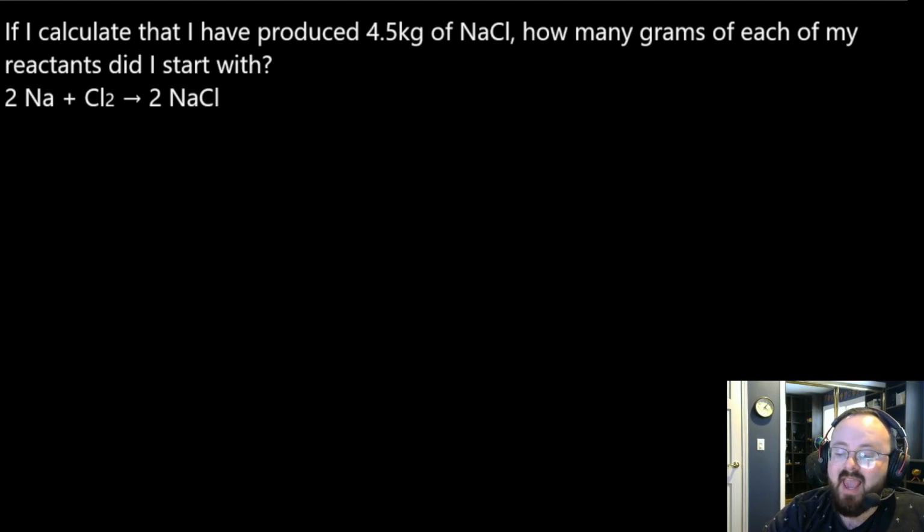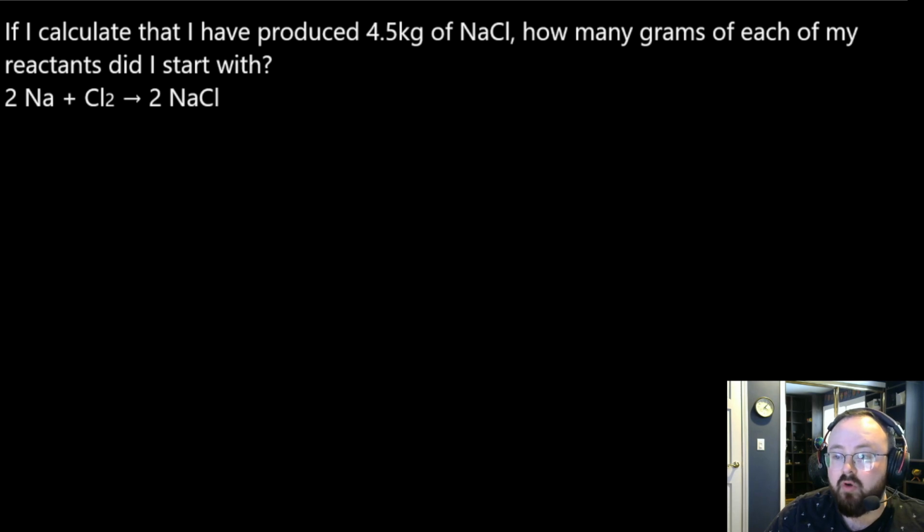And in a case like this, I'm asking you for the starting mass of both of my reactants. So it's a little bit different than the example that we have just done. In the example that we just did, we were starting with a mass of our reactants and going towards a final mass of our product. But now we're going in reverse.